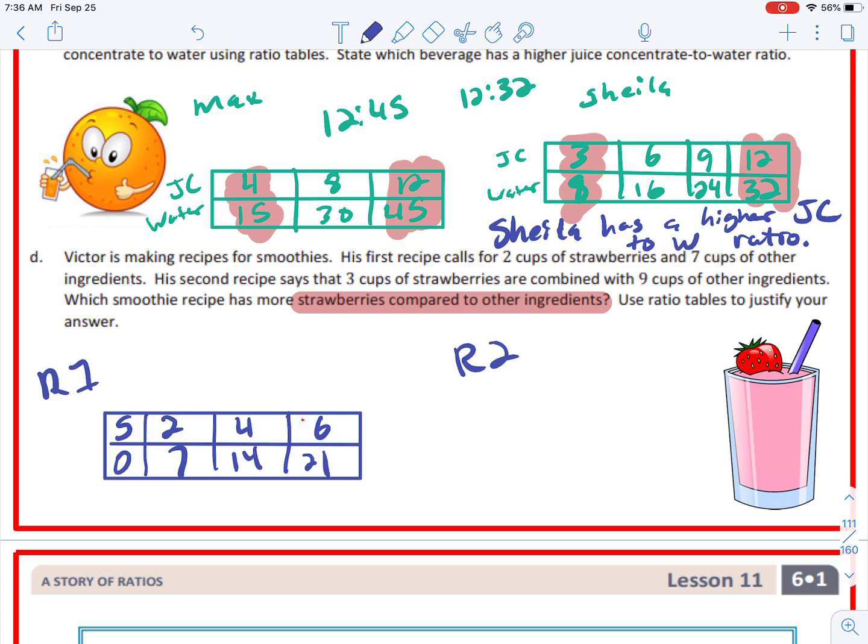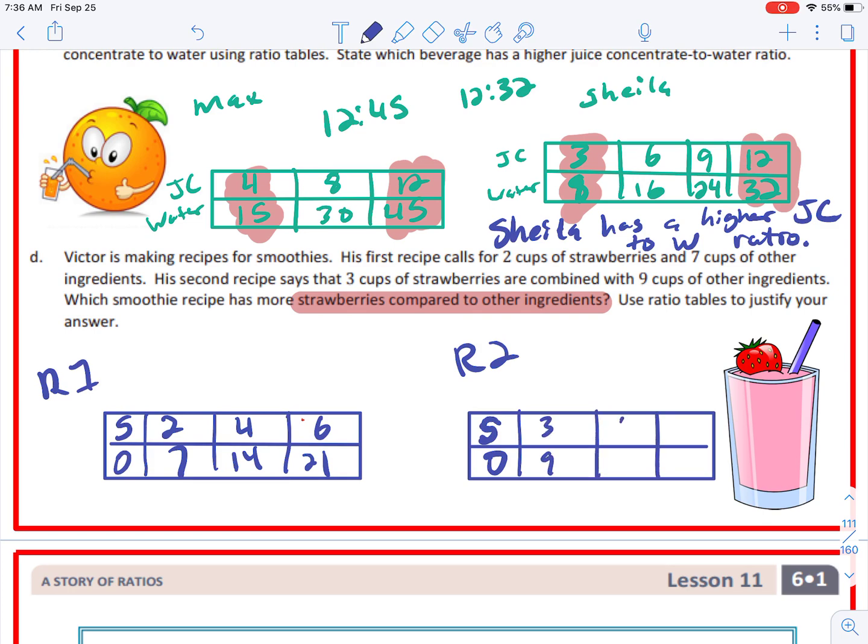Recipe 2 was 3 to 9. This is still strawberries to other. 3 to 9, 6 to 18, and 9 to 27. So looking at these, what can we make up?